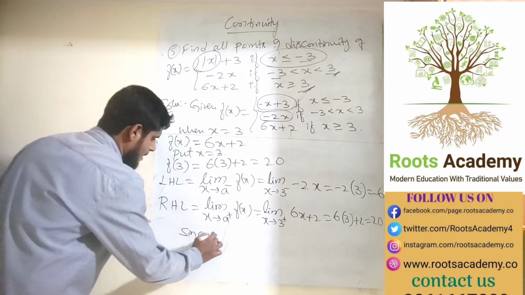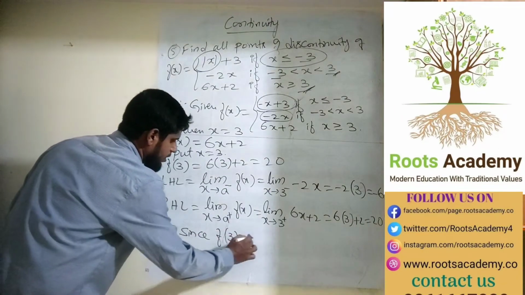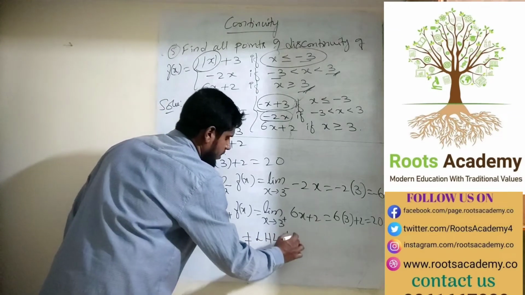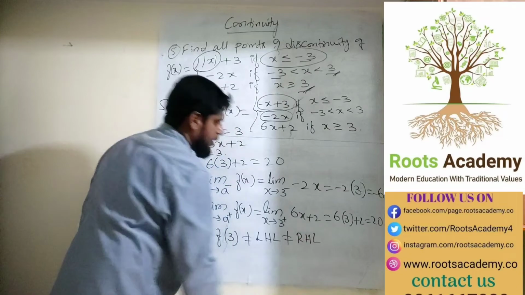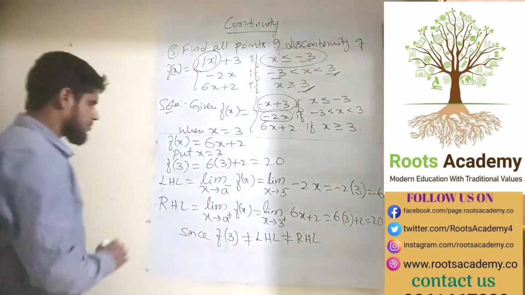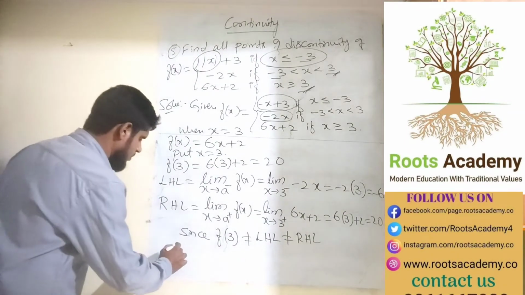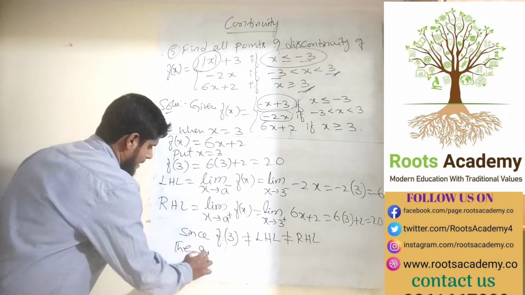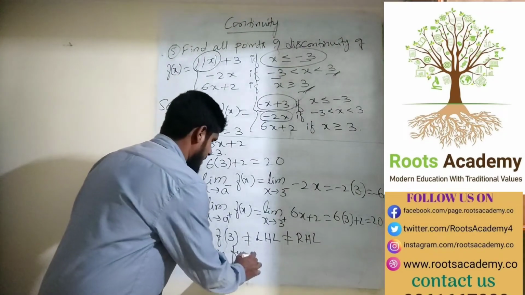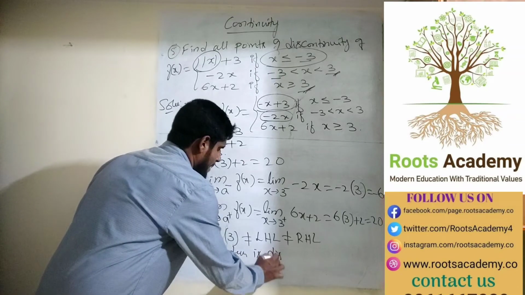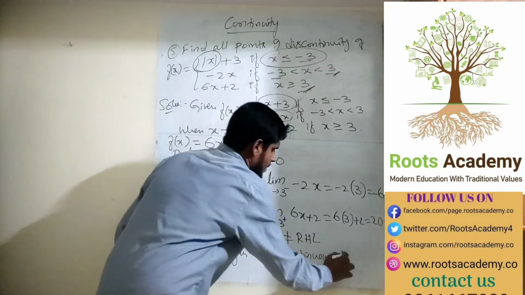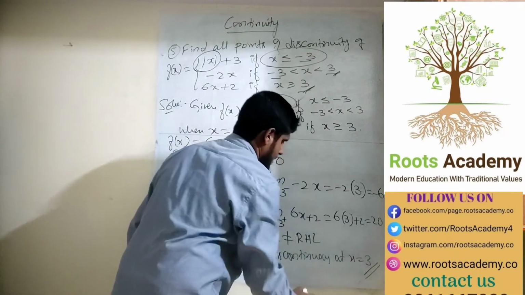Since f of 3 is not equal to left hand limit, and this left hand limit is not equal to right hand limit, the given function is discontinuous at x equals 3.